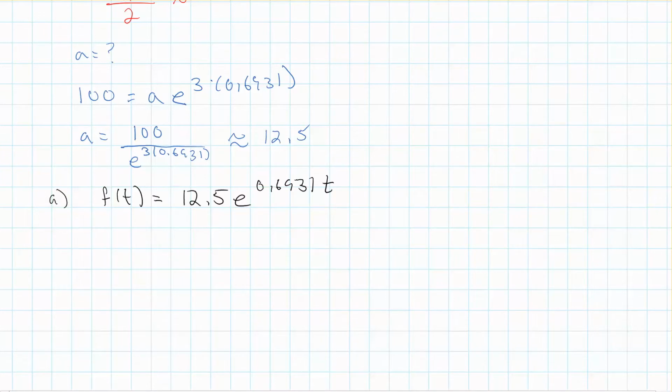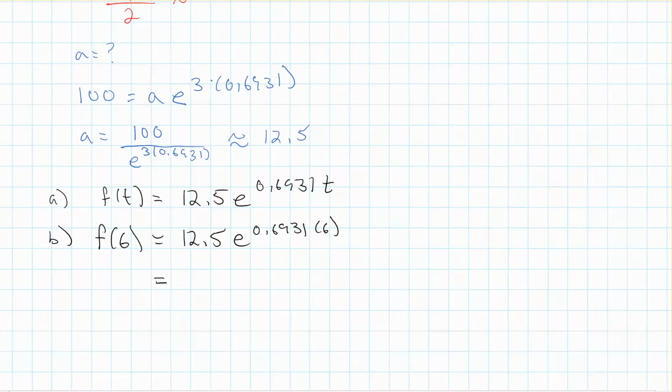Now part B is actually pretty straightforward, because part B now is just, well, hey, you have your model, evaluate this for 6 hours. So that's just f at 6, which is 12.5 e to the 0.6931 times 6. And then, of course, we just do that arithmetic.